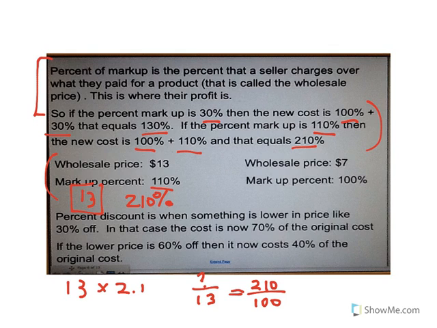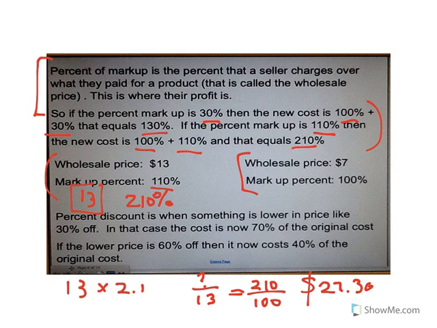And either way you do these two problems, you're going to end up with the same value, which is 27.3, and that's going to be the new price that you're going to sell with that markup percent included. Same thing here.